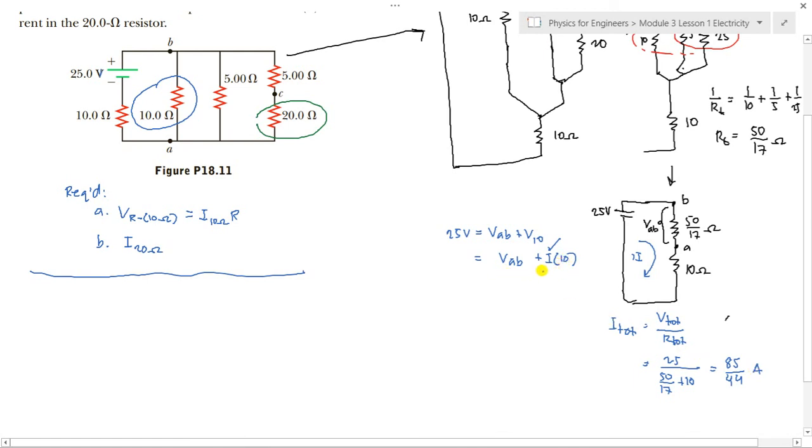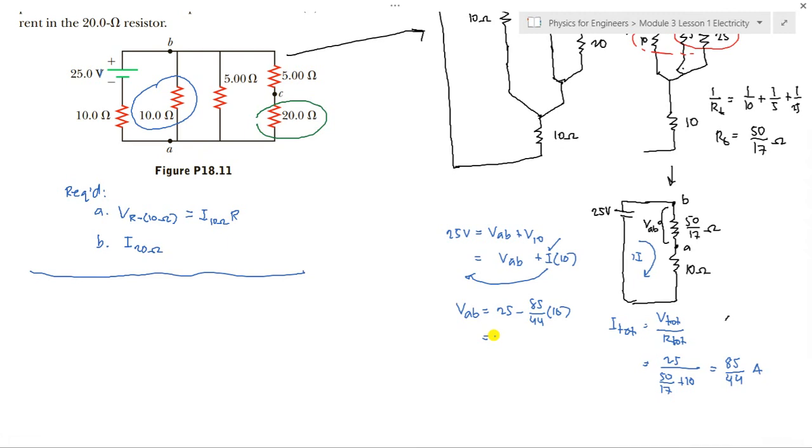So substituting that here, transposing to the other side, we have VAB is equal to 25 minus 85 over 44 times 10. The result is 5.682. That is 5.682 volts.